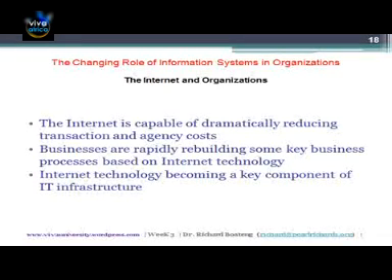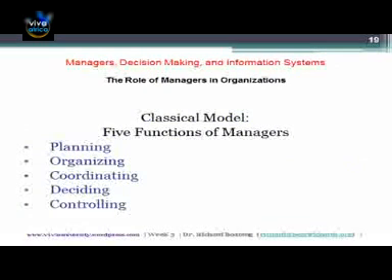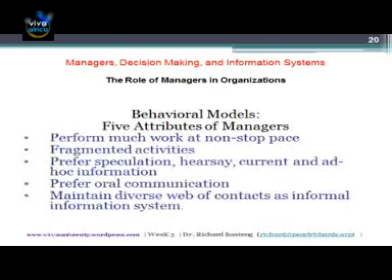Otherwise, one aspect of the diamond may be affected. The information systems can dramatically reduce the transaction costs and agency costs. Information technologies like the internet become a platform in which organizations can become very virtual and then rebuild their processes based on the technology.